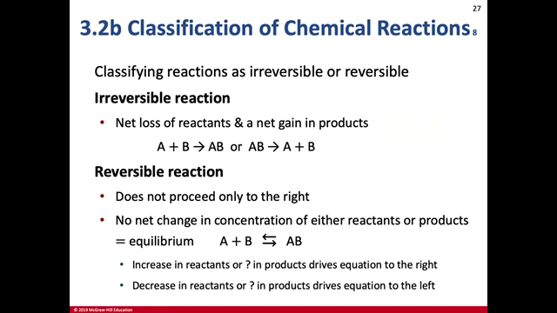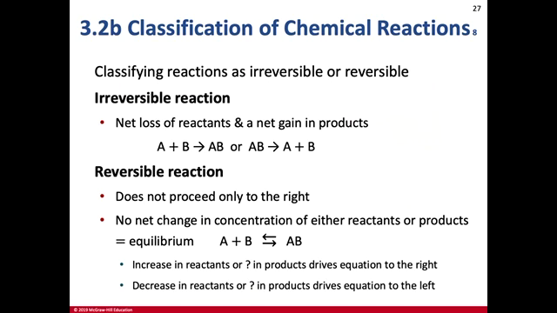An irreversible reaction is one in which essentially there's only one direction that the reaction can go. Theoretically, all chemical reactions are reversible, but in reality, they're not, primarily because of energy differences between the reactants and the products, or in some cases, the fact that products are continuously drained off of one end, or reactants are continuously added to the other end.